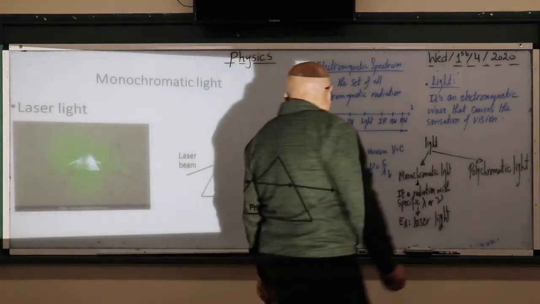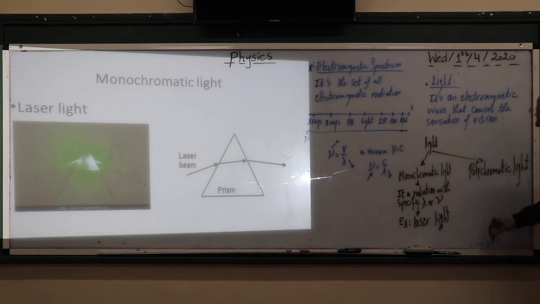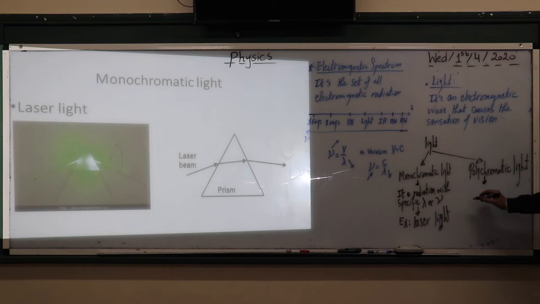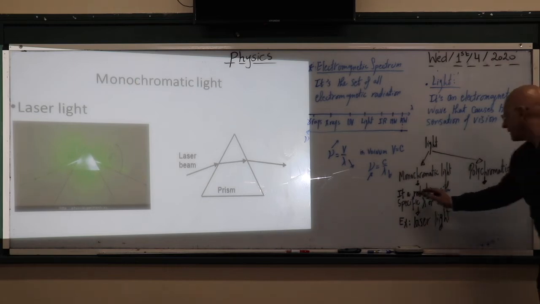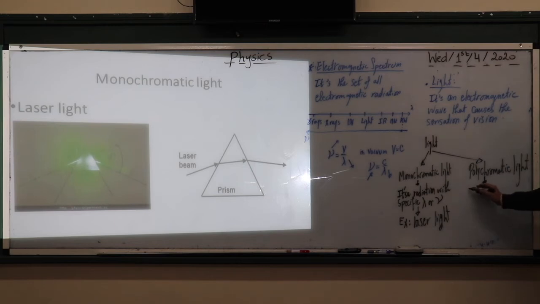Now, polychromatic light is light that consists of many radiations.